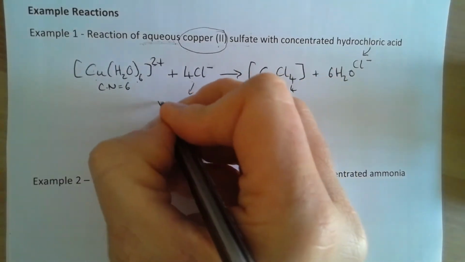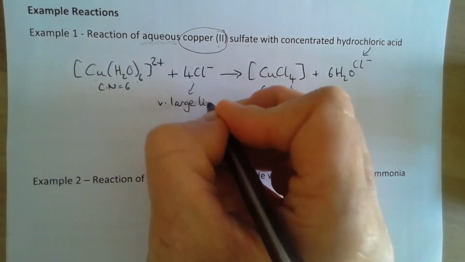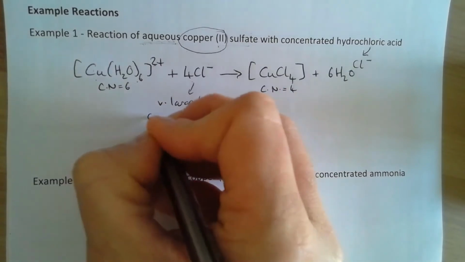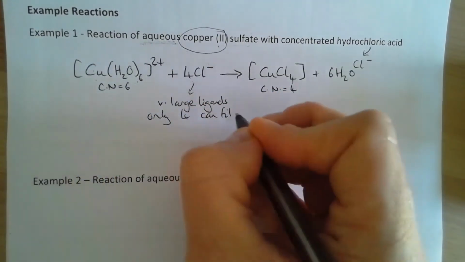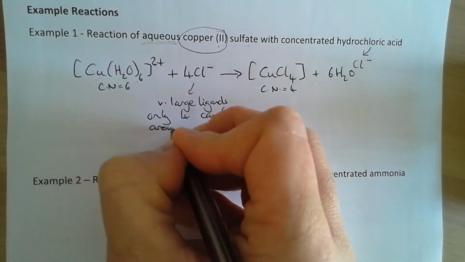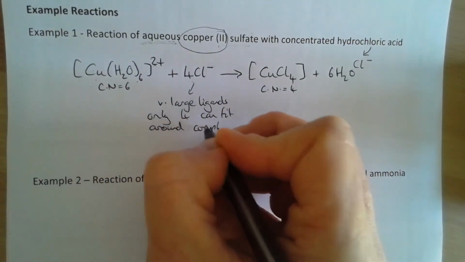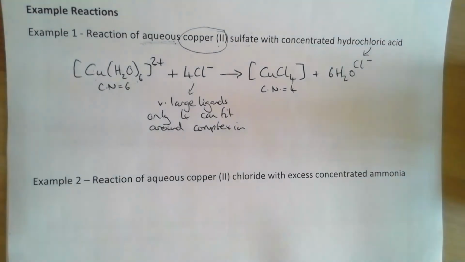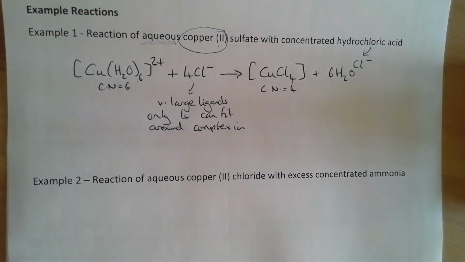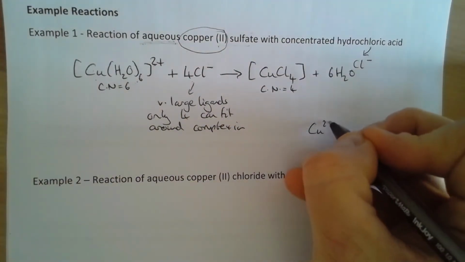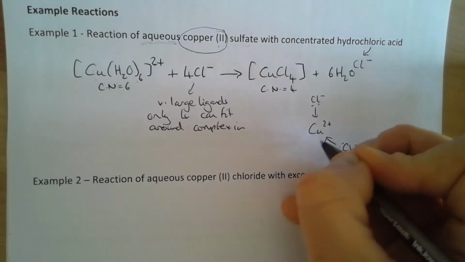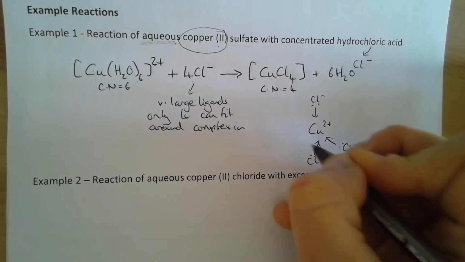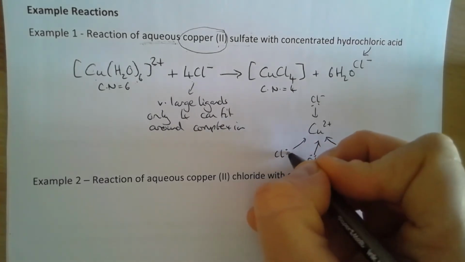These are very large ligands, and only 4 can fit around the complex ion. So that's why that's happened there. So this would be that tetrahedral geometry that we saw earlier.